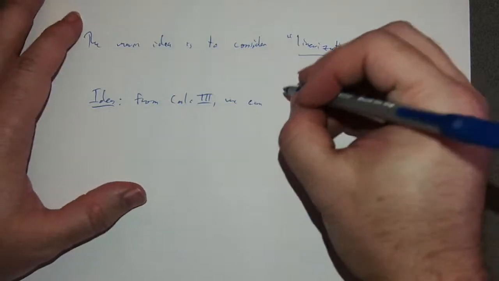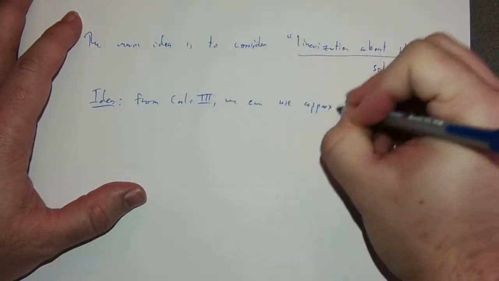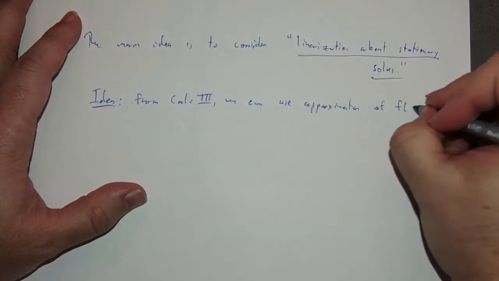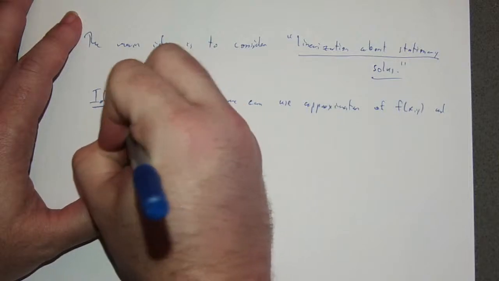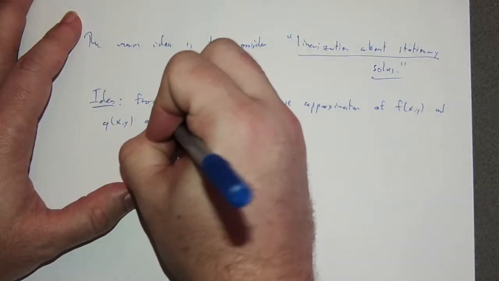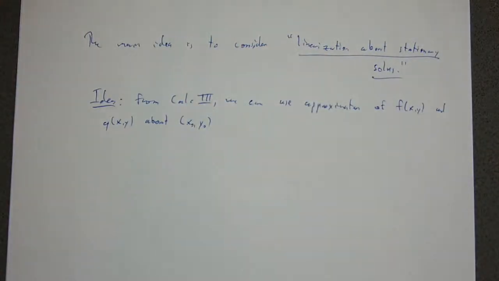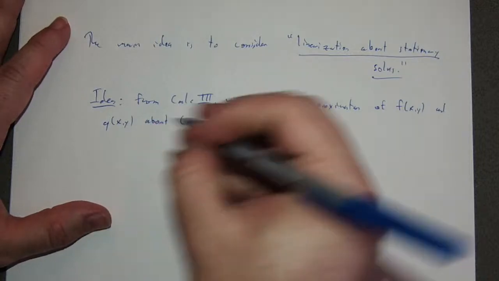So f and g, we can use approximation of f(x,y) and g(x,y) about the point, say, x naught, y naught.